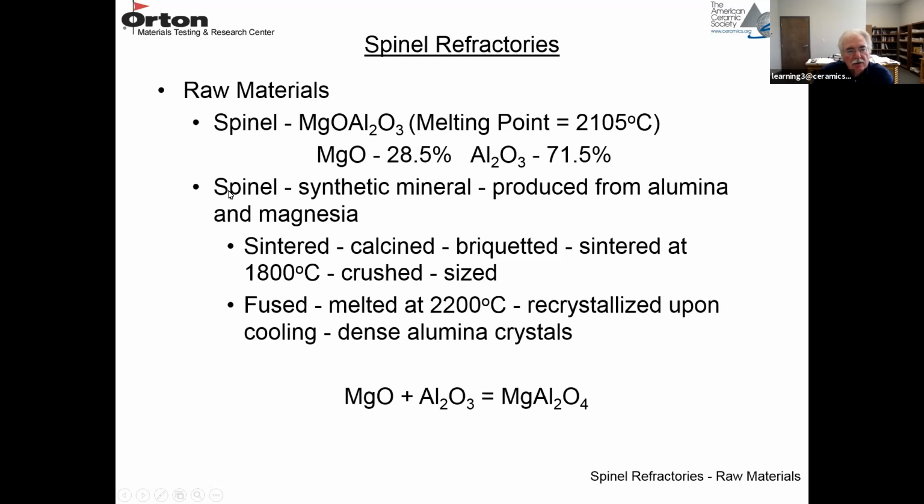Spinel is a synthetic man-made material produced from alumina and magnesia. So there are two forms of man-made spinel. One is sintered and one is fused.